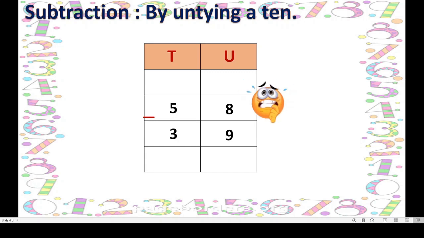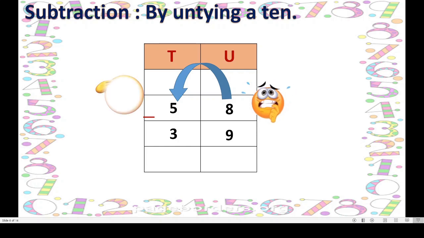It is not possible. Then it asked its neighbor, that is 5, and borrowed. Please help me. I want one more here because I have to give 9 to my friend.